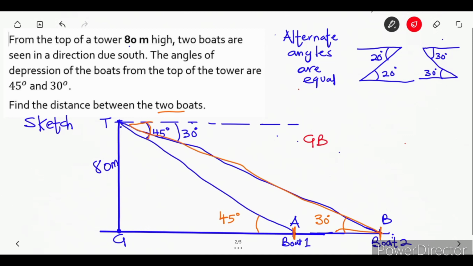GB is from this point down to this point. When I get GB, I subtract it from GA. GA is from this point right down to this point. That will give me my AB, which is the distance between the two boats.